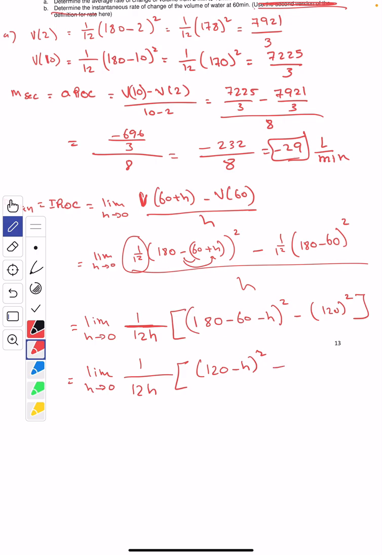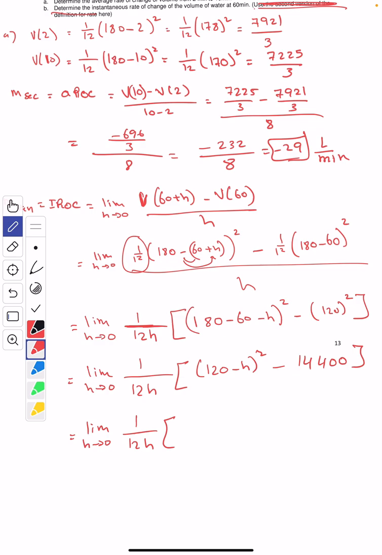And then if I do 120 squared, that's going to be 14,400. I'm going to expand (120 minus h) squared.